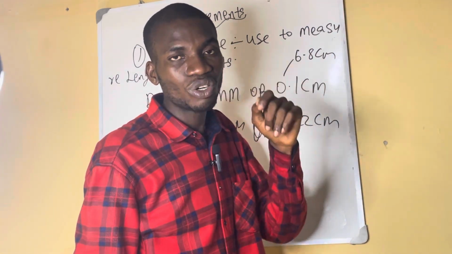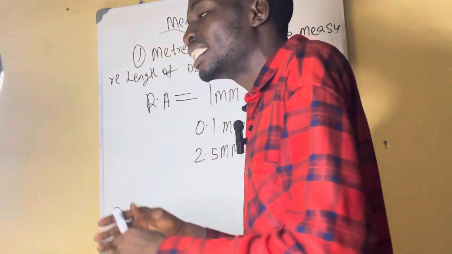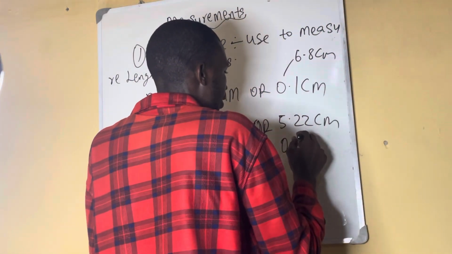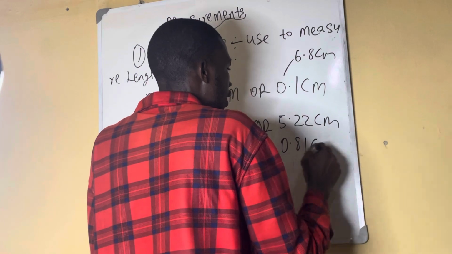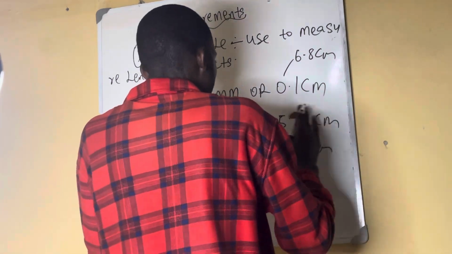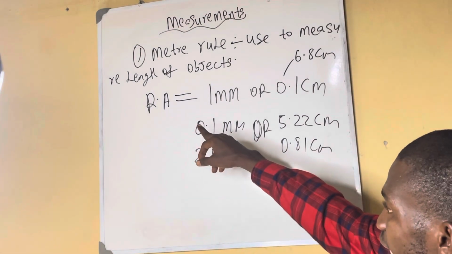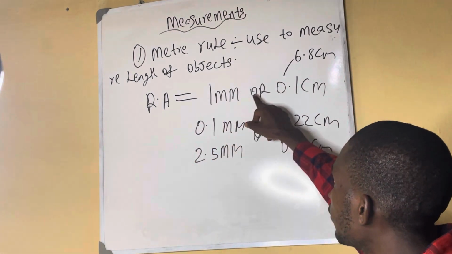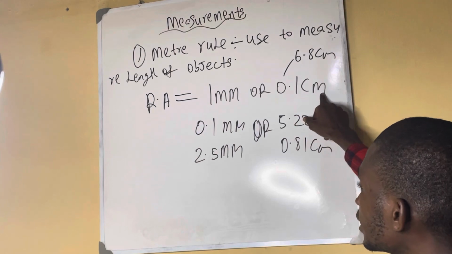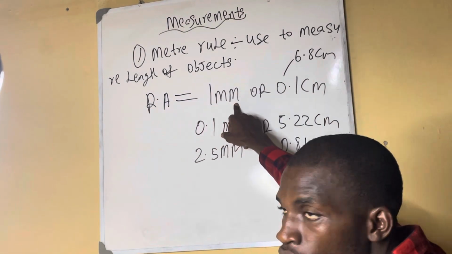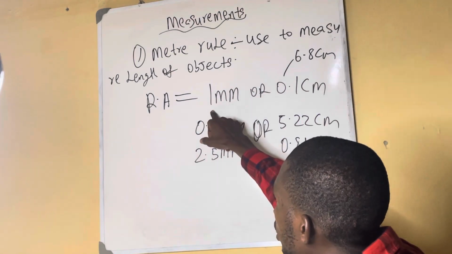So Jamb can group some things in the options, writing 0.81 centimeter, which is not this. These things are not it, because the estimated error or the reading accuracy should be 1 millimeter or 0.1 centimeter. So the answer should lie here. Either you get 5 millimeter, or 6 millimeter, or 3 millimeter.